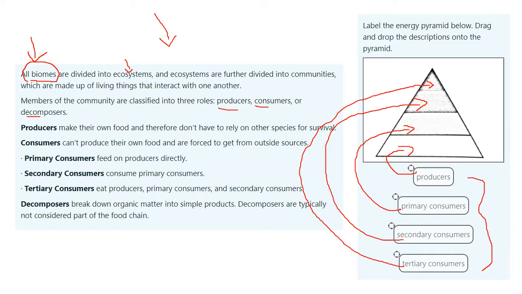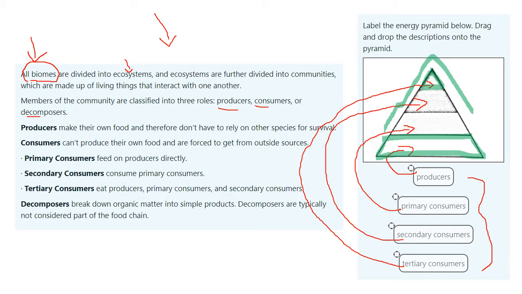Why is this shape very good? It's not the question here, but it does come up sometimes. Why is this shape quite useful? Well, there are many organisms at the lower level, and that's where it's very wide. There are only a few organisms at the top level, and that's where it's very narrow.